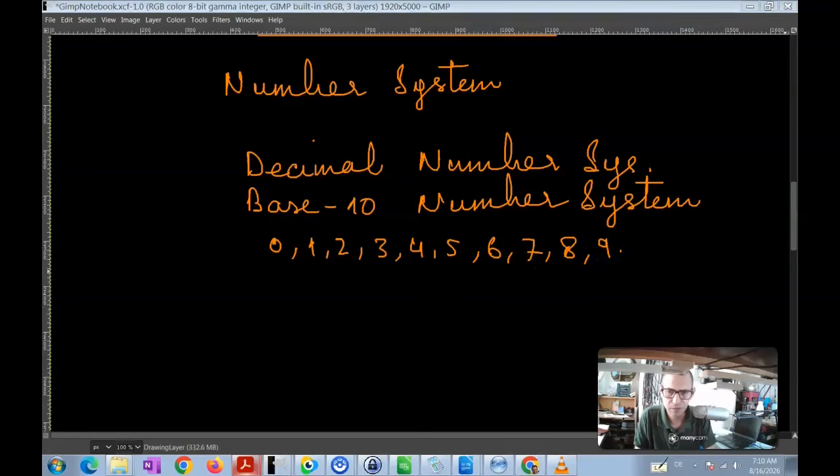and that's it, right? Now the good thing about the decimal number system is that it's a positional number system.